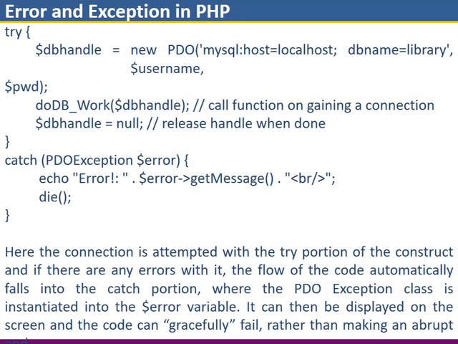We have $dbh equal to new PDO, inside the brackets mysql:host=localhost;dbname=library, $username, and $pwd enclosed in the parentheses. Then we have the db_work function with $dbh inside the brackets.